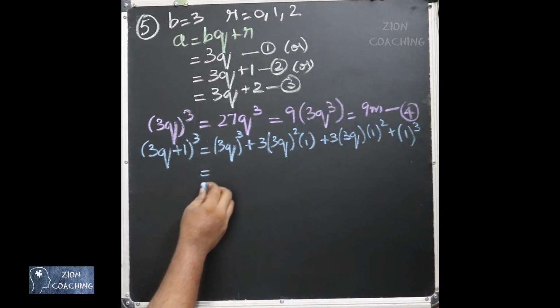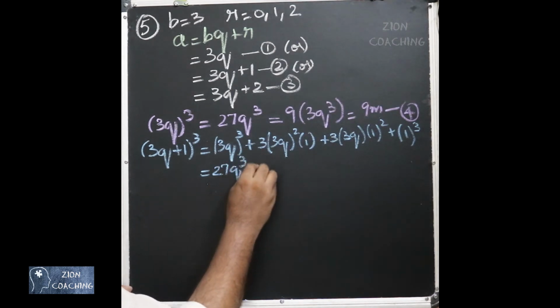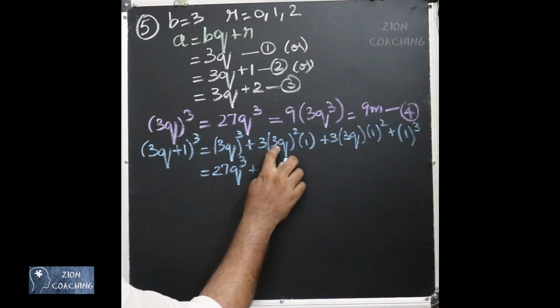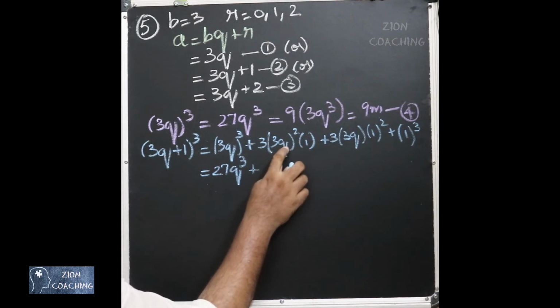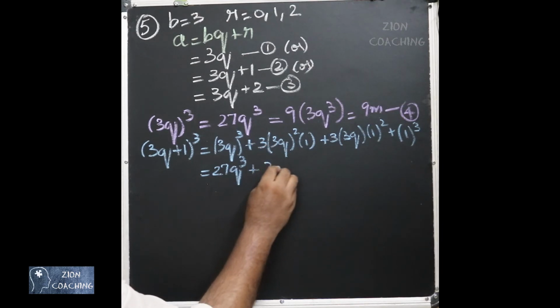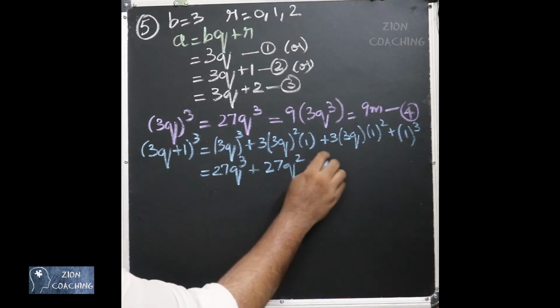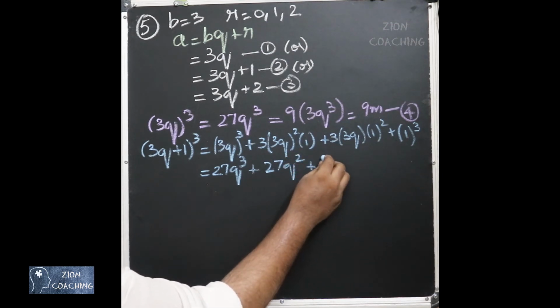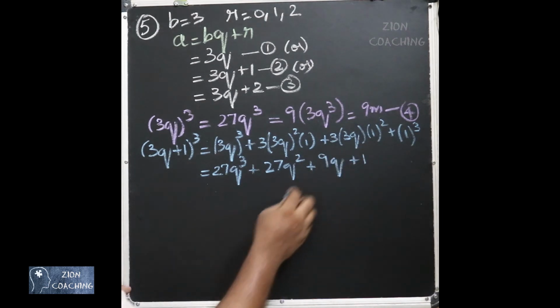Now this is going to be 27q cube plus, 3q the whole squared is 9q squared, 9q squared into 3 is going to be 27q squared, plus 3 into 3q is going to be 9q, plus 1.